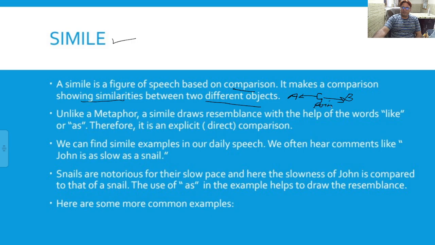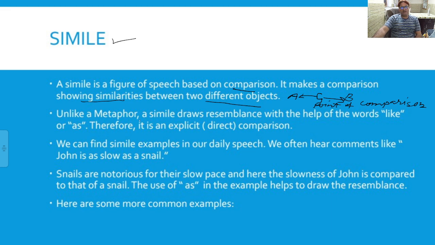Okay, point of comparison. So two dissimilar objects are compared together on the basis of some similar elements between them.